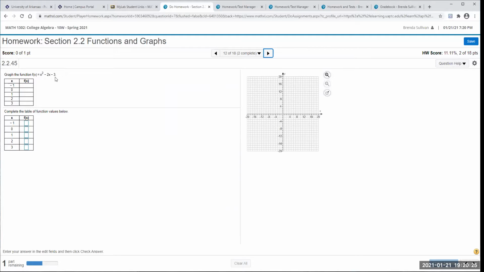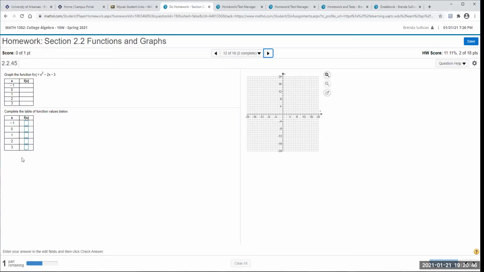So on this one, I will have to figure out either from doing it on my calculator first, or I'll have to do it from the ordered pairs and figure out where the parabola is. So let's do the ordered pairs. I'm going to come out of this and we're going to do it on a piece of paper.